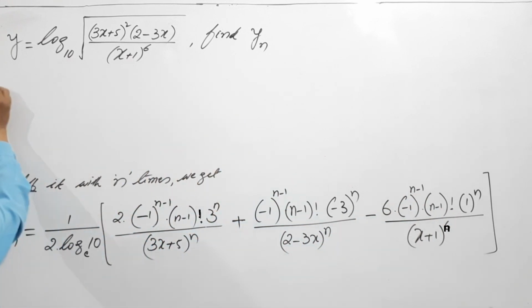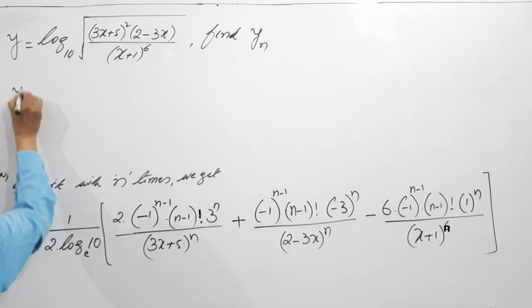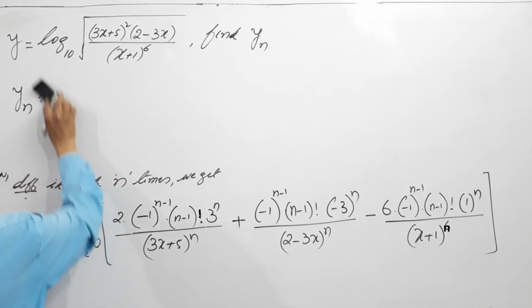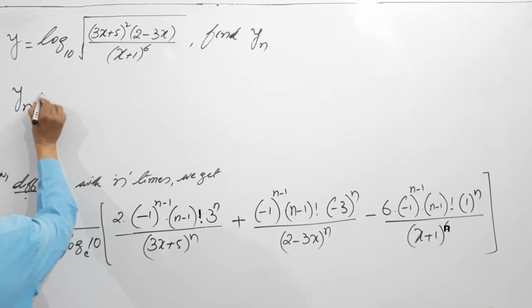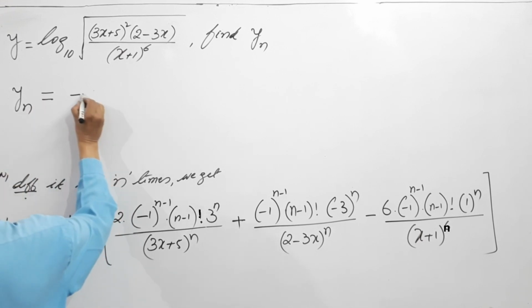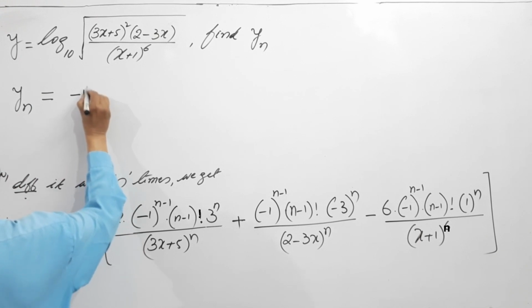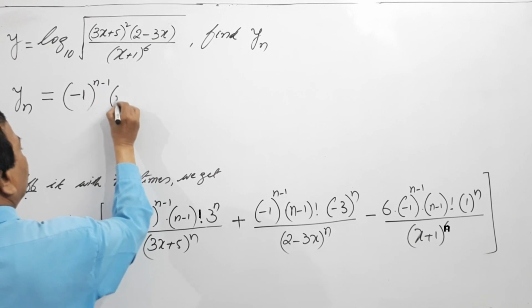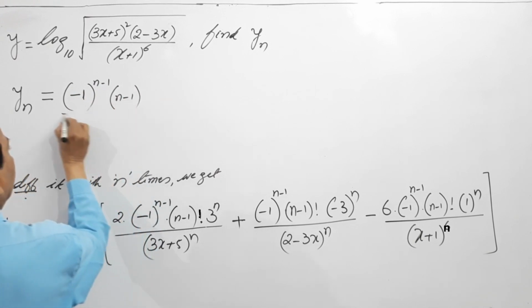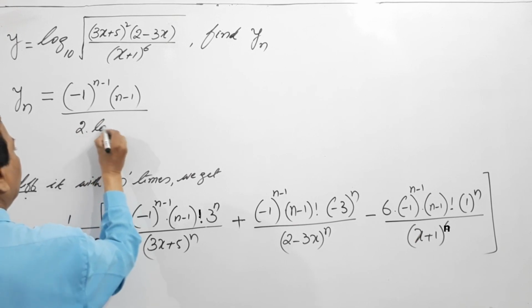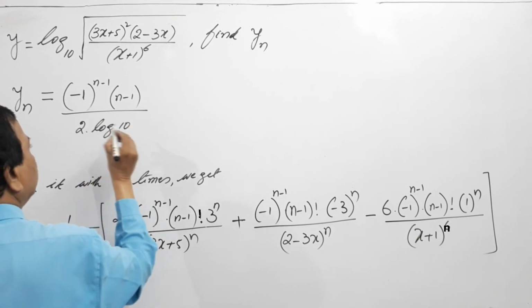That is, yn will be minus 1 to the power of n minus 1 into n minus 1 factorial divided by 2 log 10 to base c.